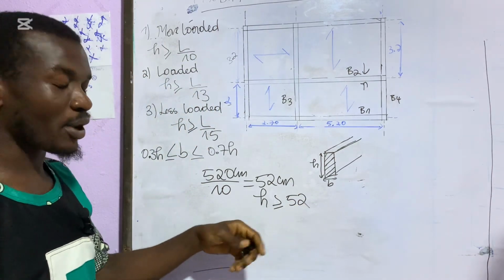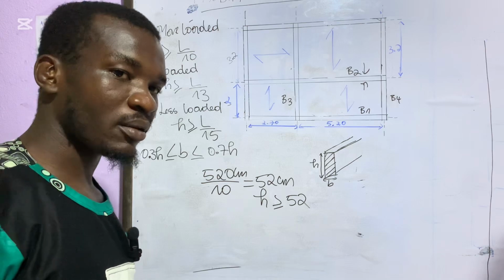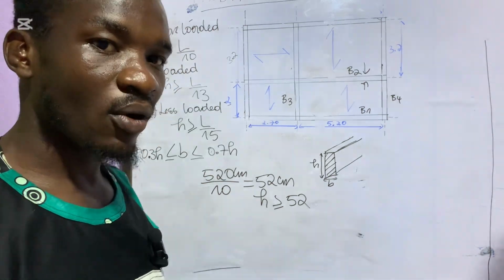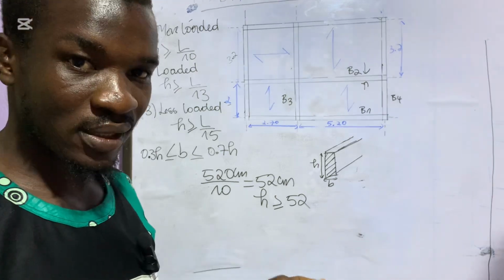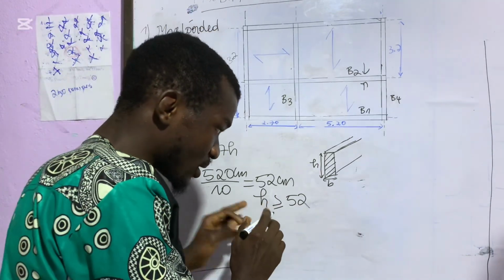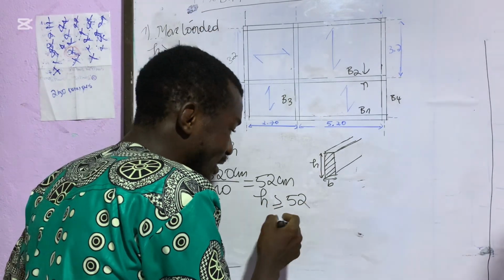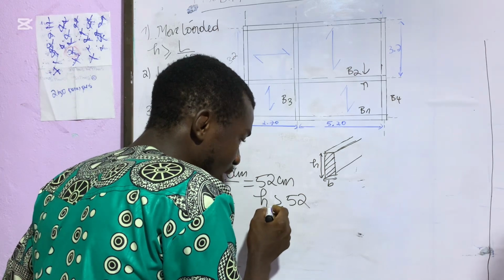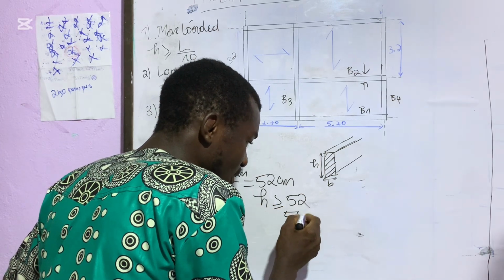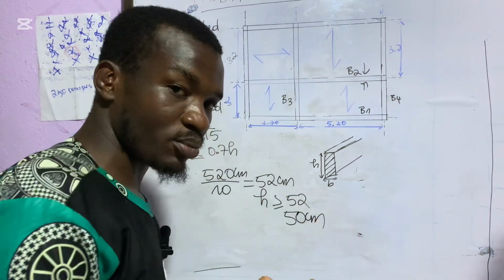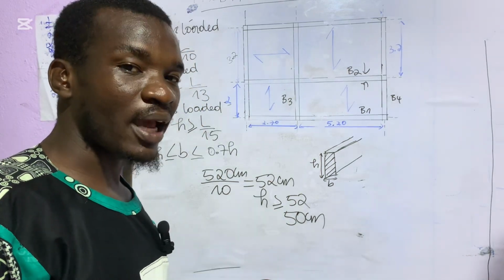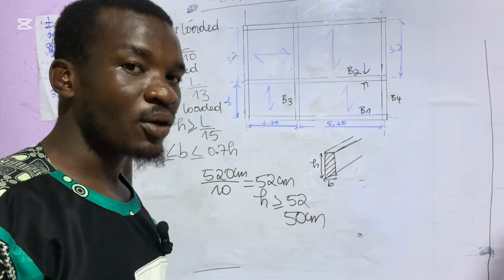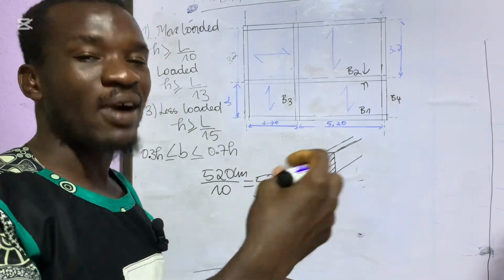Now for a matter of implementation, and also to minimize the cost and the quantity estimate, for this special case we decide instead to take something lower, which is 50 centimeter, which is easier to put in place on the chantier. Also, in the course of pre-dimensioning, we are trying not to over-dimension.